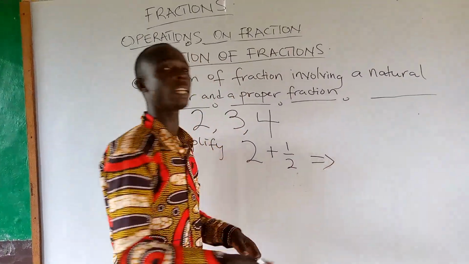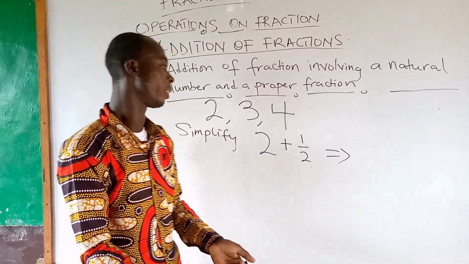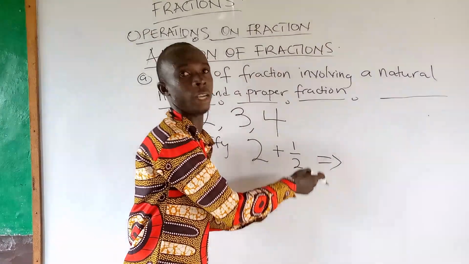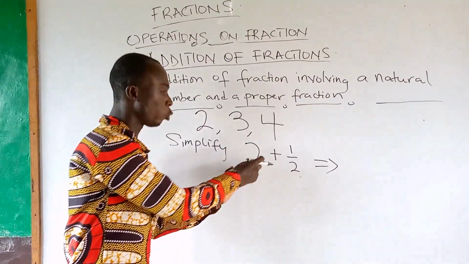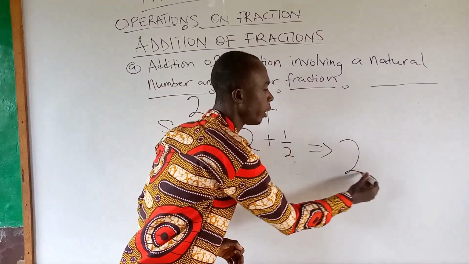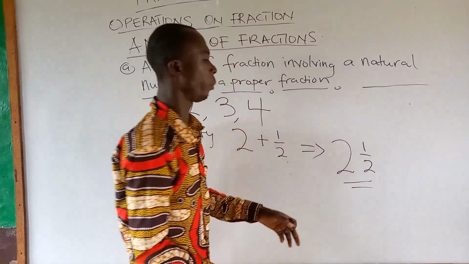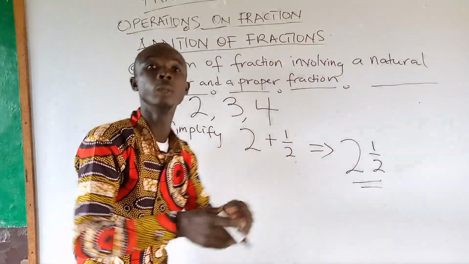As I defined mixed fraction, I defined mixed fraction as a fraction that has a natural number and a what? Proper fraction. So this is simple. We just add 2 plus 1 over 2. We are getting 2 whole number, 1 over what? 2. But because we now have a mixed fraction, we change it to improper fraction.